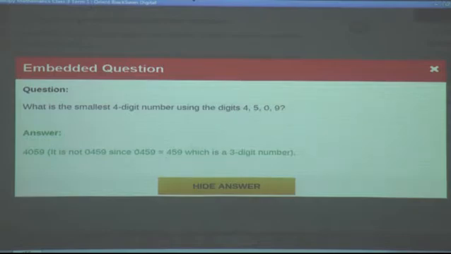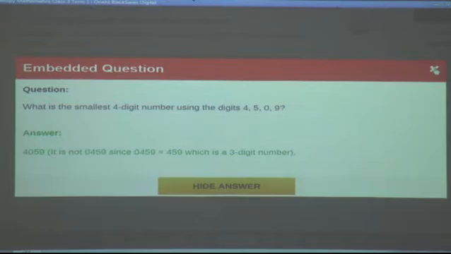Because if we take 0 first, then the number will become 0459, which is a 3-digit number, but we have to form the smallest 4-digit number. So, we cannot take 0 first. So, our smallest 4-digit number is 4059.